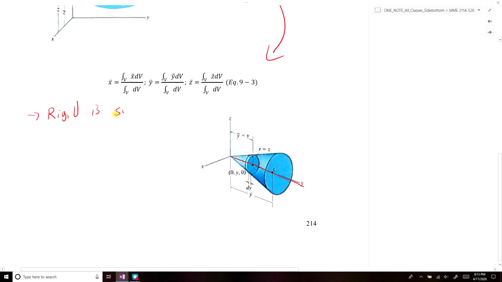If a rigid body is symmetric about an axis, or in this case two axes, its centroid must lie along that axis.